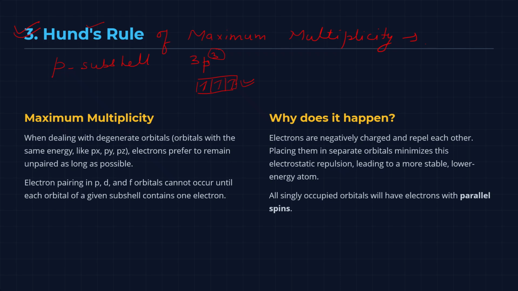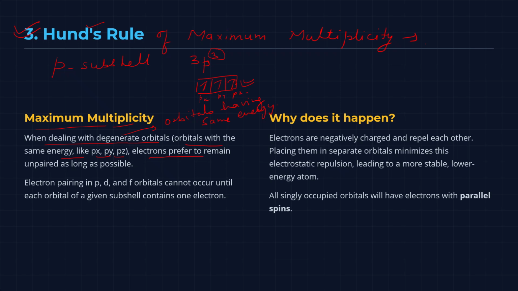Now here we can see that maximum multiplicity, when dealing with degenerate orbitals, means the orbitals having the same energy, like px, py, pz. Like I have written here, 3 orbitals of this p subshell, and these are designated as px, py, pz orbitals.